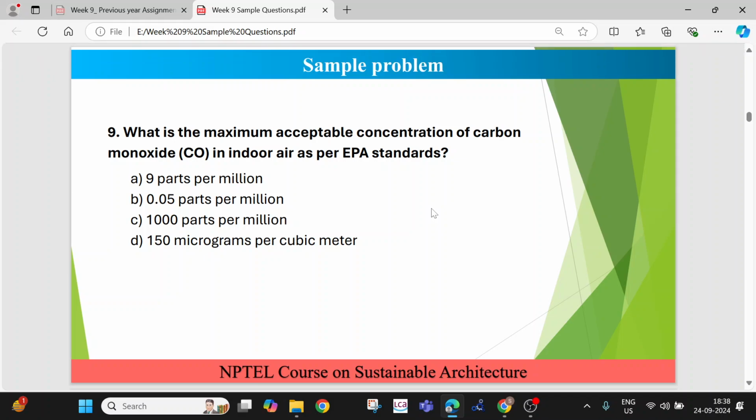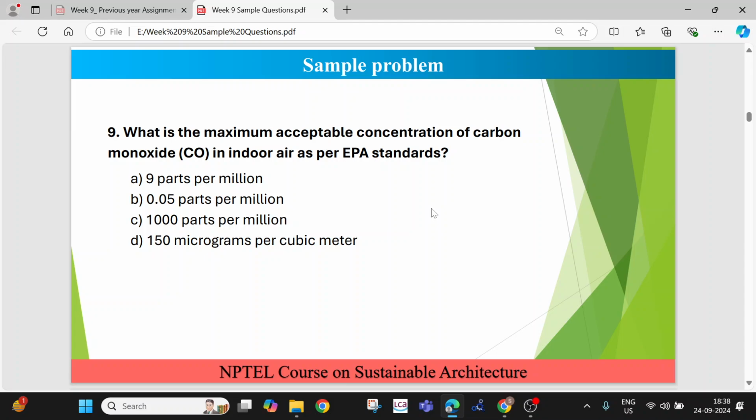As per the EPA standard, the maximum carbon monoxide concentration in the indoor environment is 9 parts per million. If a higher level is maintained, what effect can it cause? That also you can answer: it will lead to headache, shortness of breath, or sometimes even sudden death. That's why maintaining proper concentration of carbon monoxide inside your indoor environment is very necessary.